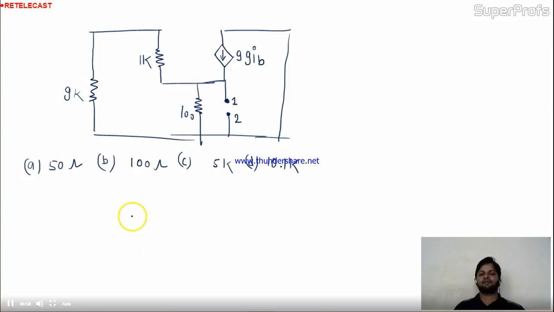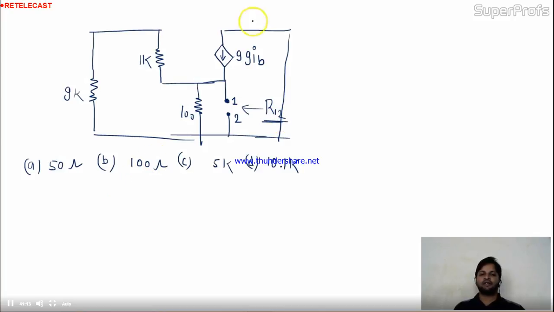This is the simple circuit we have. Now they are asking, find out the impedance looking into the terminals 1 and 2. So I can say R12 I have to find out.